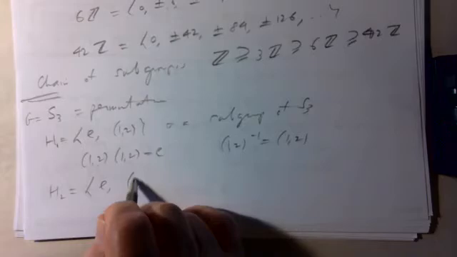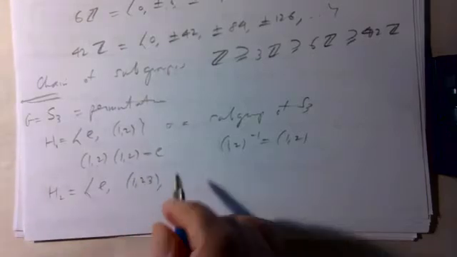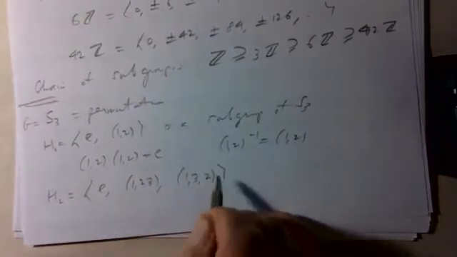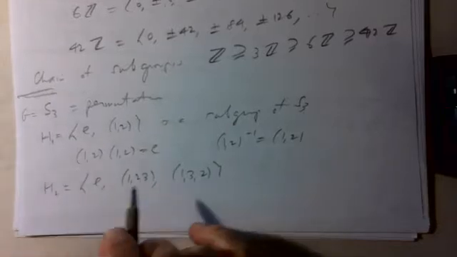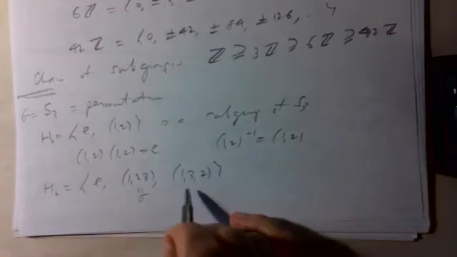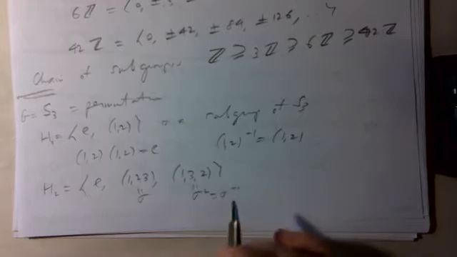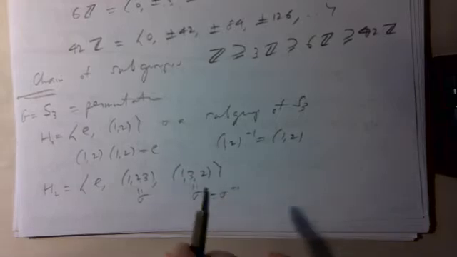Well, that's subgroup H1. Or we can take the subgroup consisting of the identity, the 3 cycle 1, 2, 3, and this 3 cycle 1, 3, 2. So if we call this sigma, this is actually sigma squared, which is also the inverse, sigma inverse.